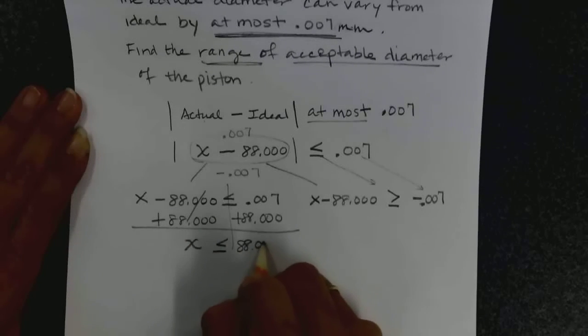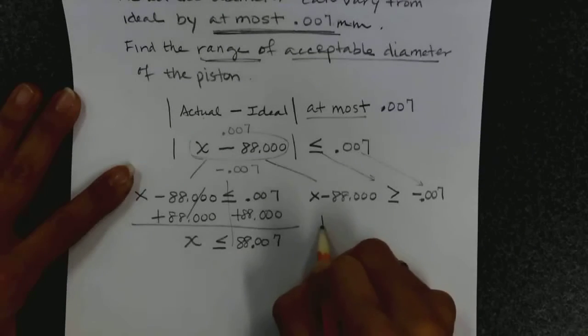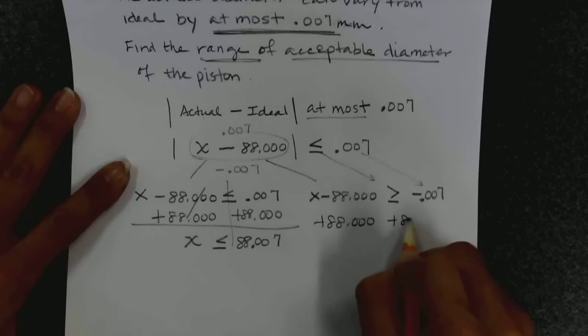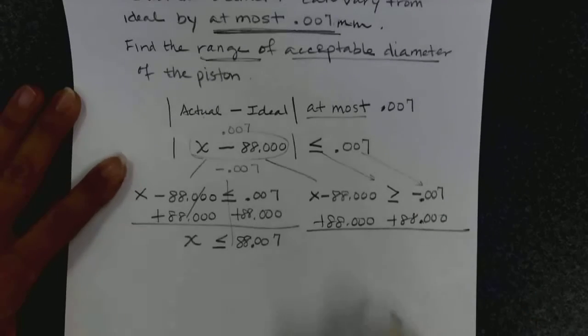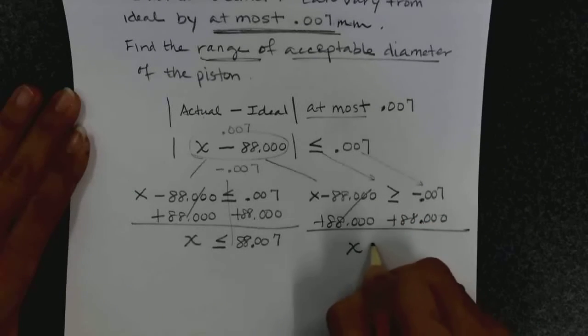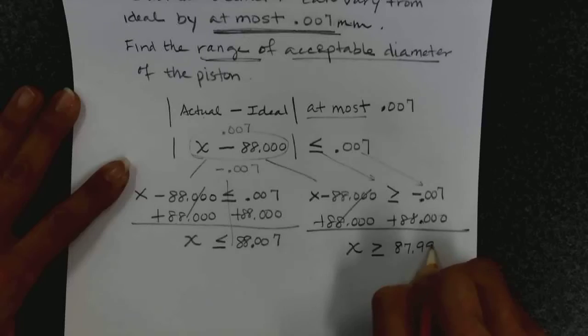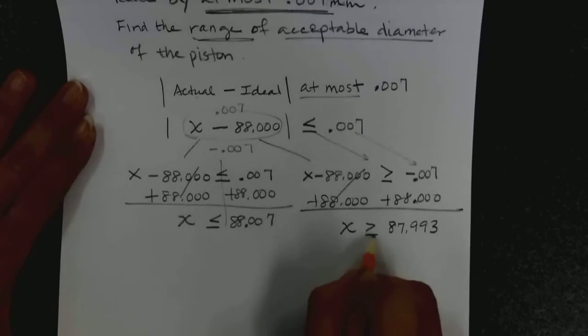x has to be 88.007, so I could be off by 0.007 in the positive direction, or if I add 88.000, remember you're going to line up the decimals when you subtract, my x has to be greater than or equal to, and then when I subtract this, I get 87.993. So my measurements could be between.